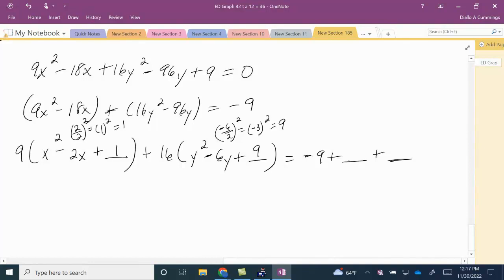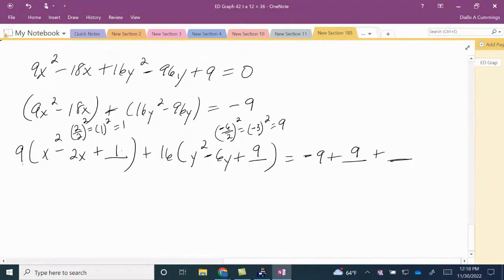So now we want to fill in the 2 blanks on the right-hand side. It appears that we added a 1 to both sides. We added a 1 here and a 9 here. But if we look at the multiplier of 9, if I multiply 9 times 1, I get 9.